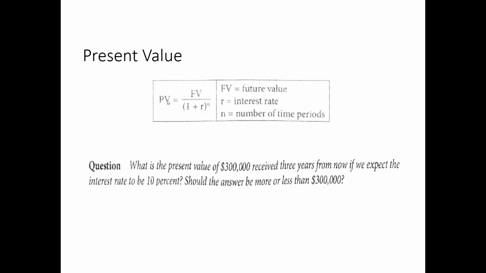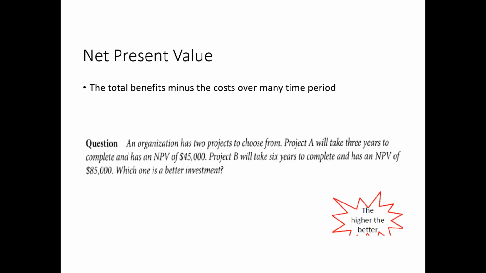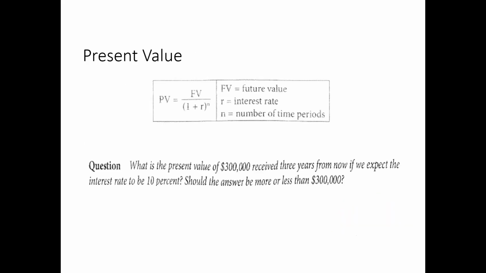Future value will be present value times 1 plus R to the power of 3. What is the present value? Present value is 300,000, multiplied by 1 plus R to the power of n, where n is 3.